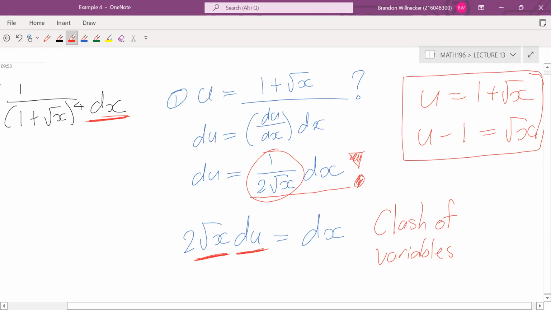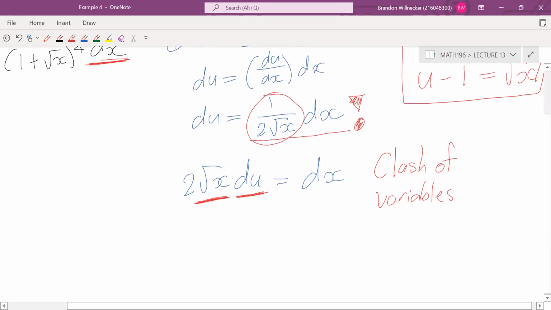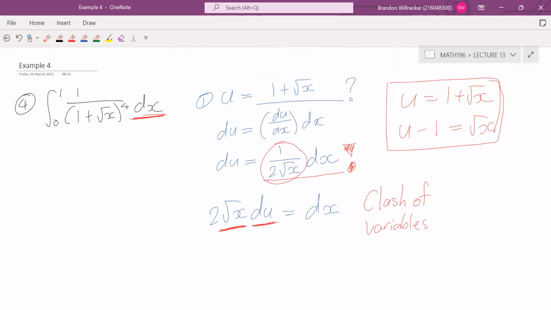So that's what we can use to fix this problem that we're having. So we're going to have 2 times (u minus 1) du is equal to dx. Now this is fixed because everything on the left-hand side is u, everything on the right-hand side is x, and that's good. So that's good now.